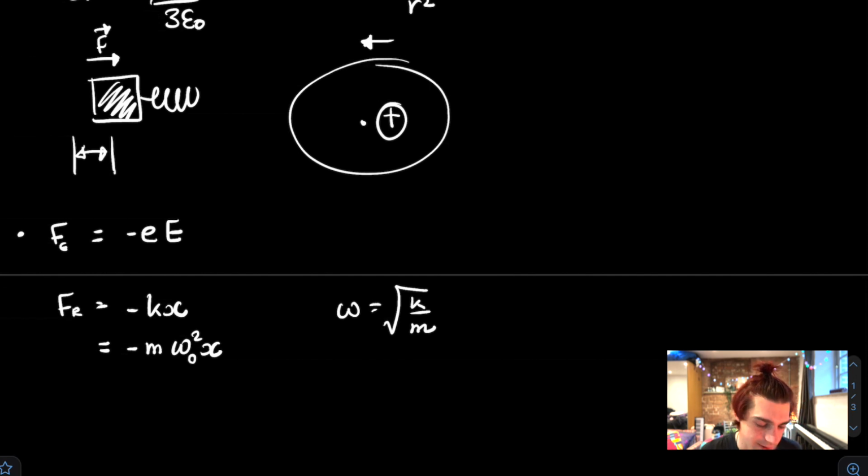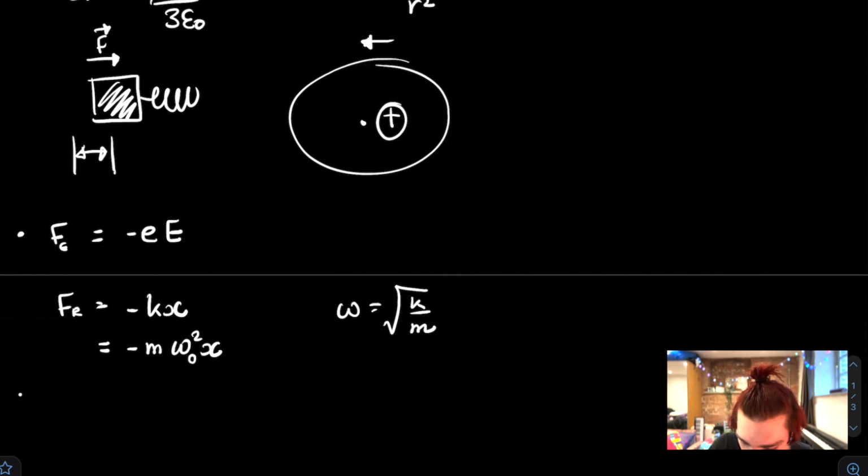So omega naught is just the resonant frequency of our mass on a spring system, which is our atom, which we're modeling as a mass on a spring. Therefore the restoring force is simply equal to m omega naught squared multiplied by x. That's our restoring force, that's our electric force.